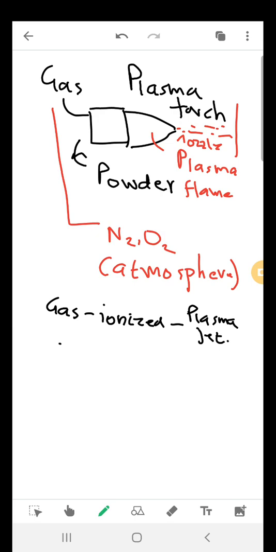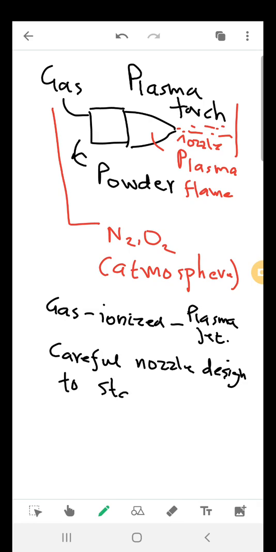Careful nozzle design is required in this case, to stabilize the arc for continuous operation.